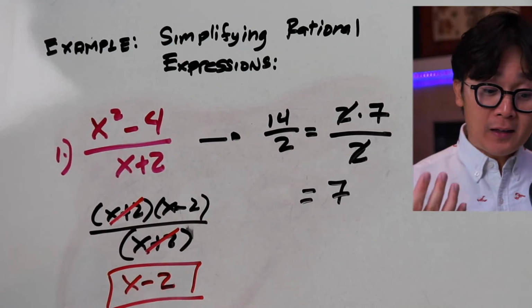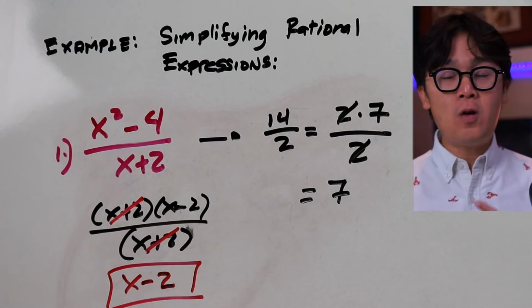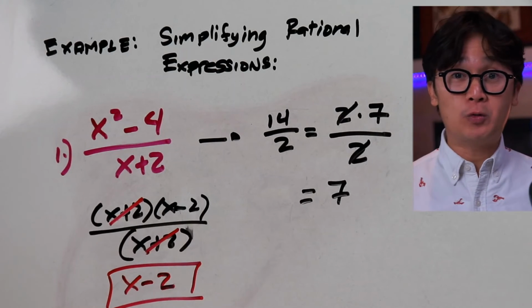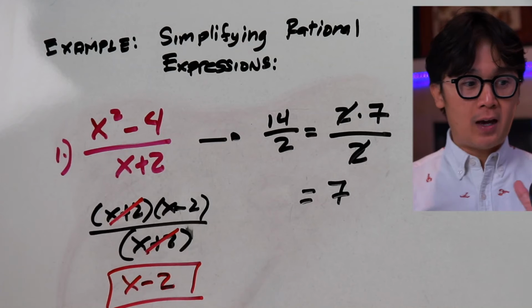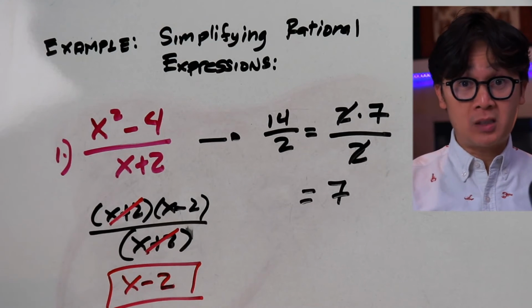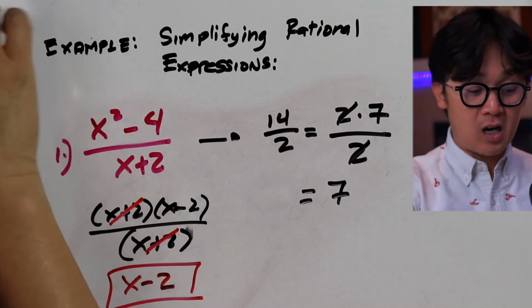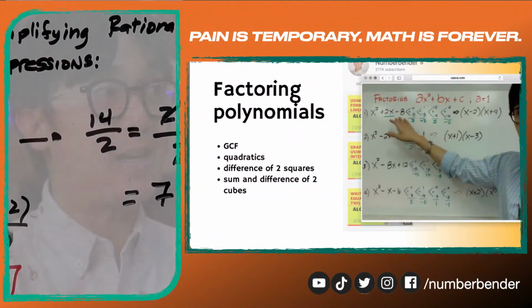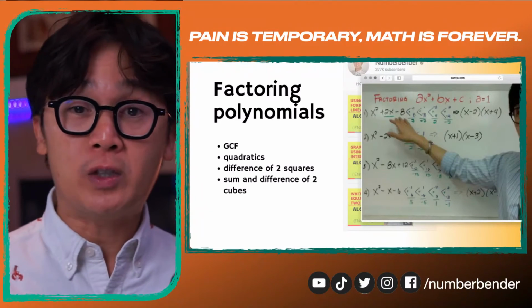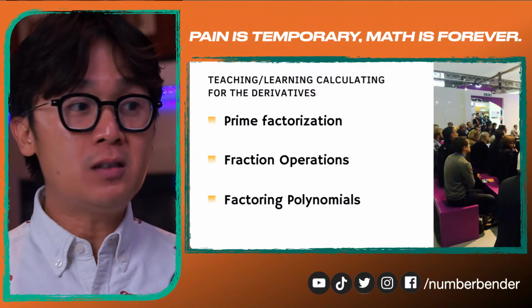And that is how we use prior knowledge and make sure that our students understand the math fundamentals involved in answering algebra problems such as the topic that we have just discussed. And this is how I teach my students rational expressions.